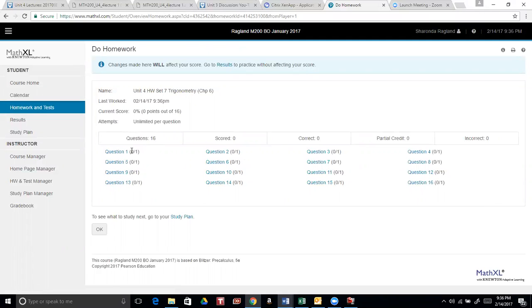You're able to start the first part of the homework set. Then I will show you examples of solving non-right triangles. If you have questions, please let me know.